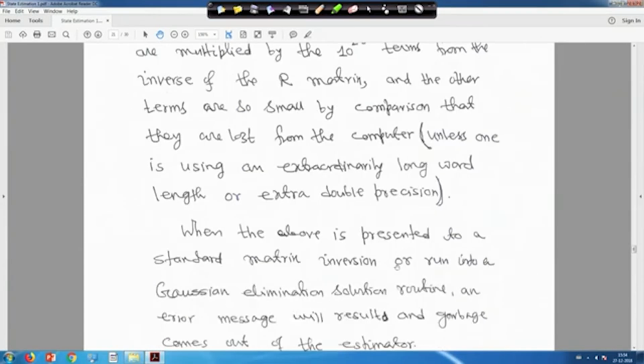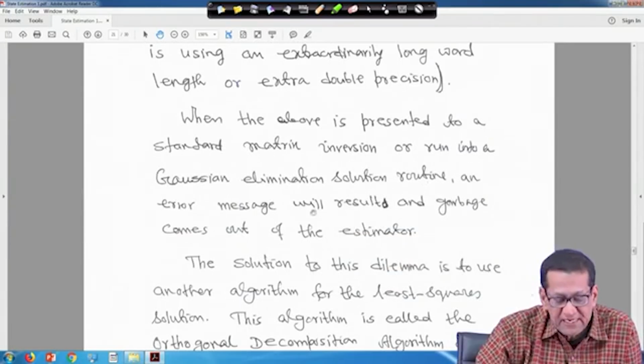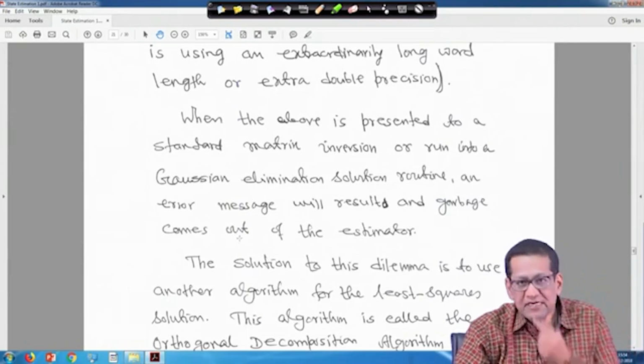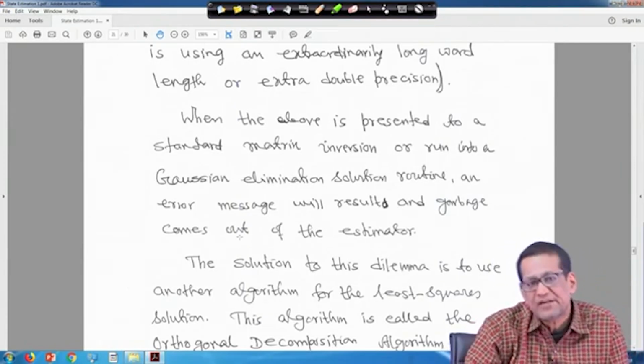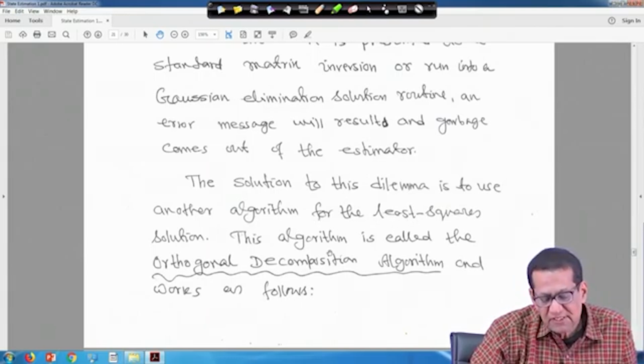So when this is presented to a standard matrix inversion or a Gaussian elimination solution routine, an error message will result and garbage comes out of the estimator, because the matrix becomes singular.